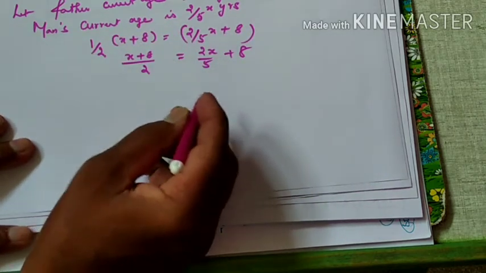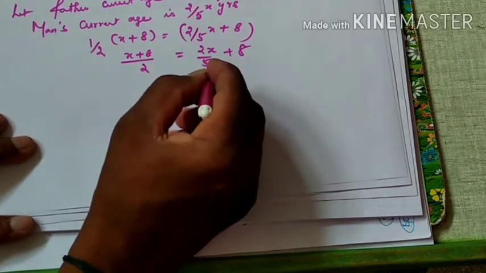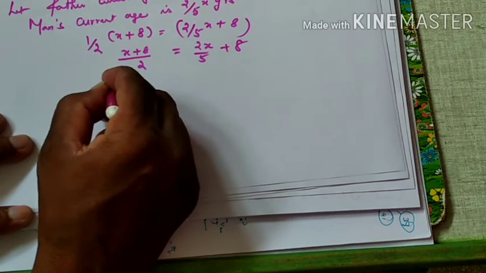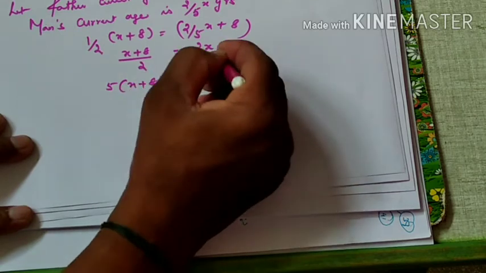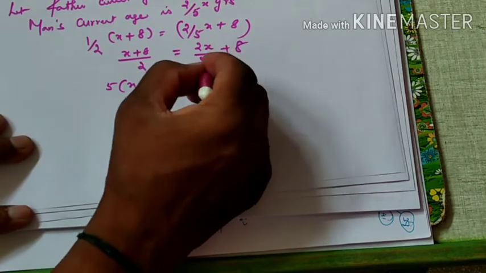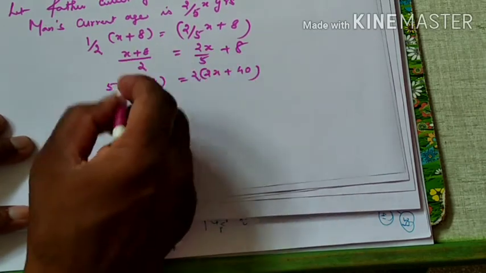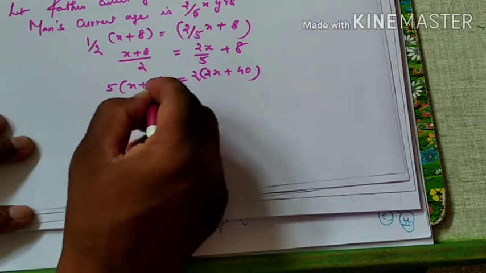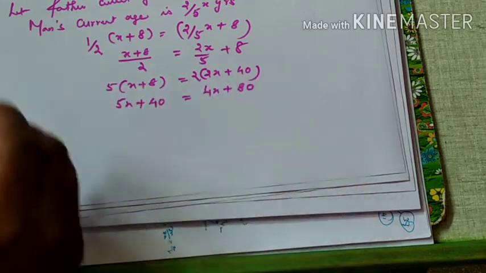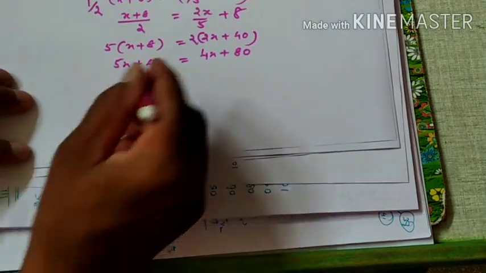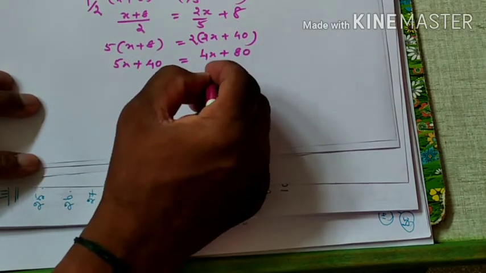Now we cross multiply the 2 here with the 5 on this side. 5 into x plus 8, 5 into 8 is 40, so 5x plus 40 equals 2 into 2x, which is 4x plus 80. Now we simplify further. 5x minus 4x is x. 80 minus 40 becomes 40.